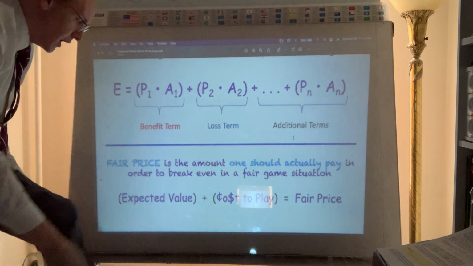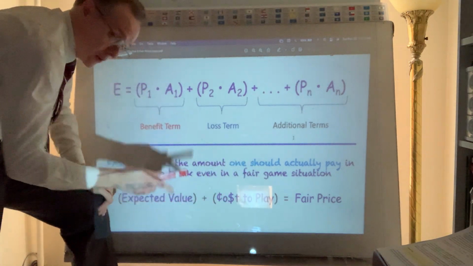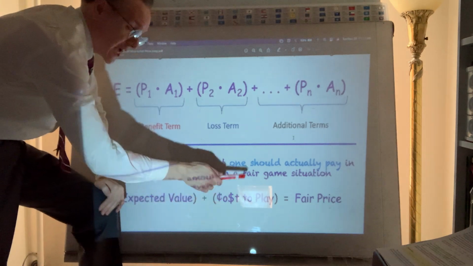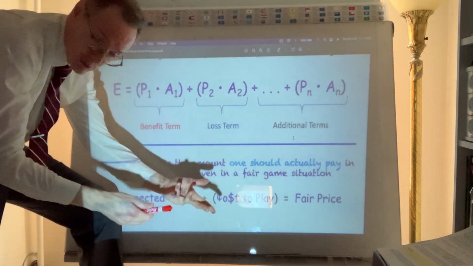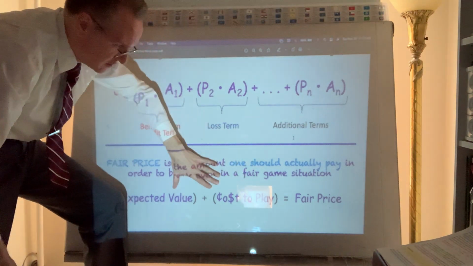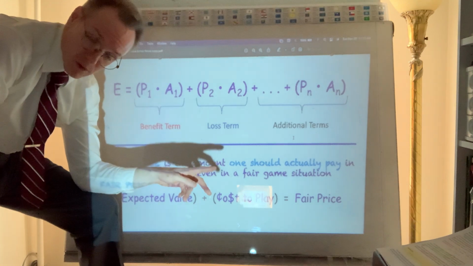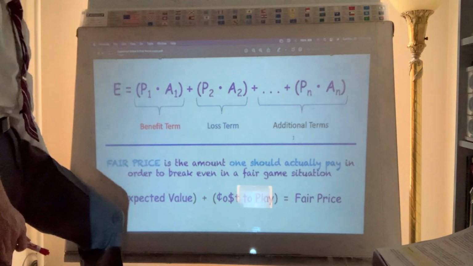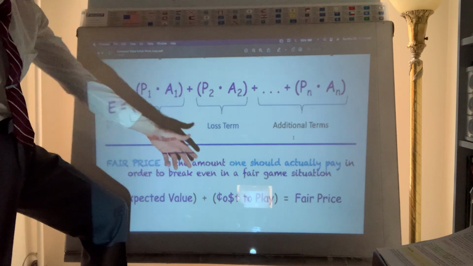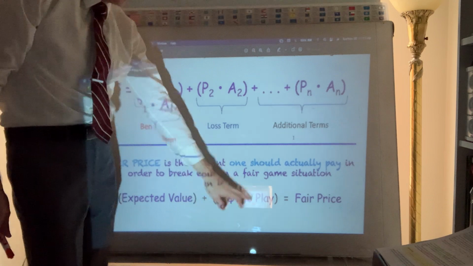The practical way of writing it is like you see here: the expected value as it is given to you or that you calculate, plus whatever the actual cost of playing a game, $2, whatever, a raffle ticket perhaps. If you combine these things, that would determine what the fair price ought to be. And you could rearrange this if you need to figure out either of the other two terms here, expected value technically or the cost to play.